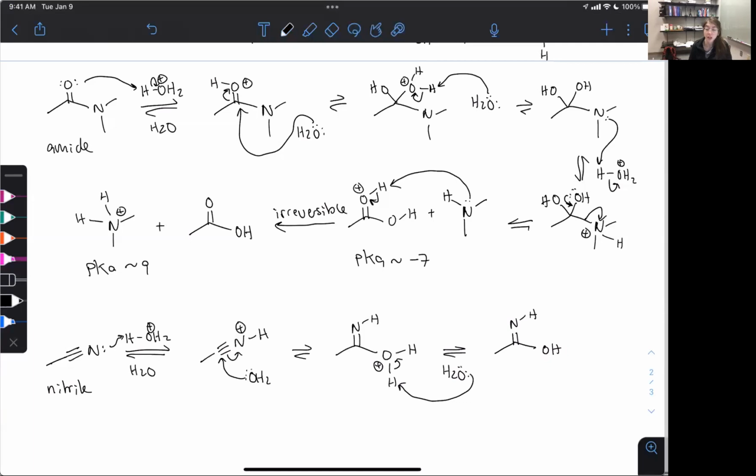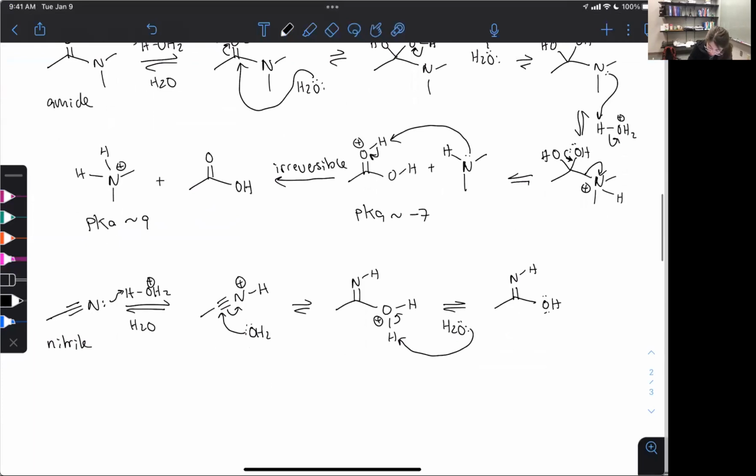Okay, so now we're here. So this is kind of an interesting situation where we essentially have all the pieces ready for an amide. We've got an oxygen, we've got a nitrogen, we've got a pi bond, like everything is kind of pointing in the direction of amide, and that's exactly what it's going to do.